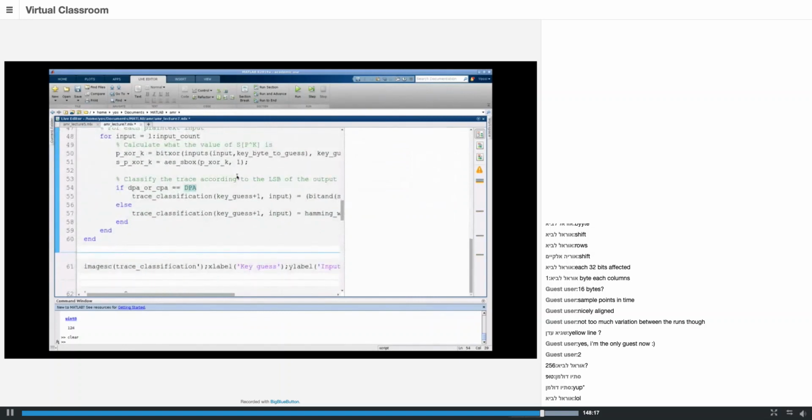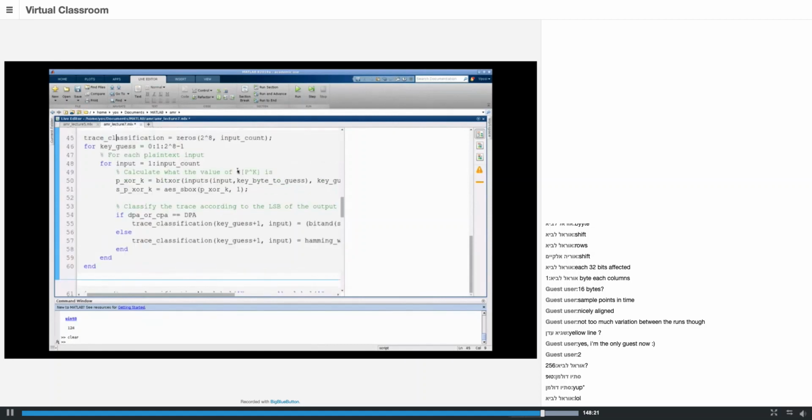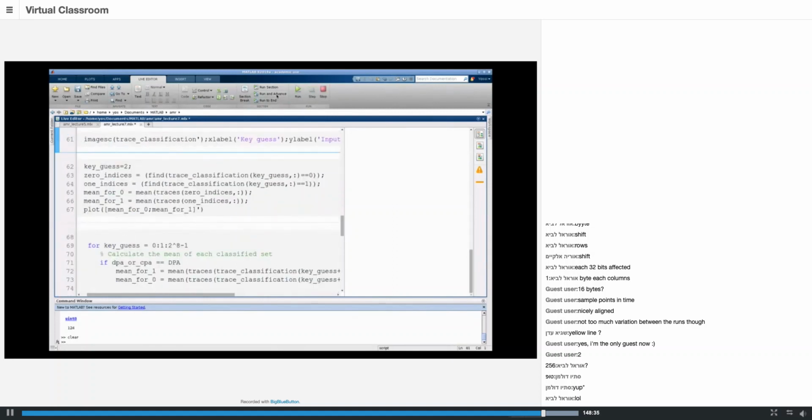This is going to take a little while. I'm going to create this vector that you saw, and do it 256 different times, for the 256 key guesses. I'm going to run this, and it takes a little while.